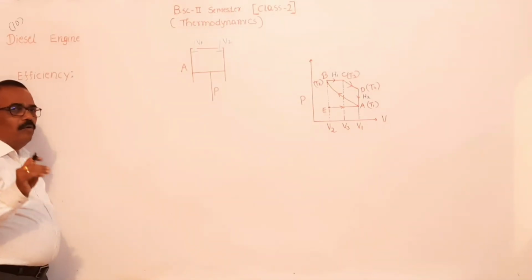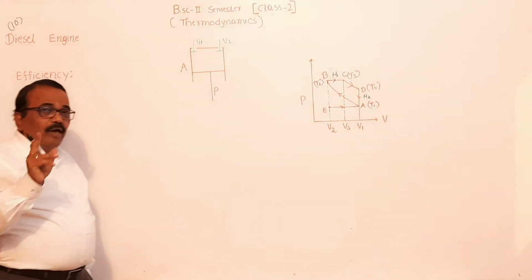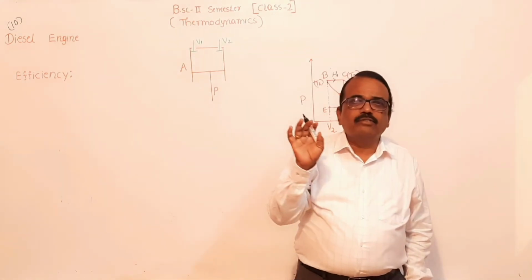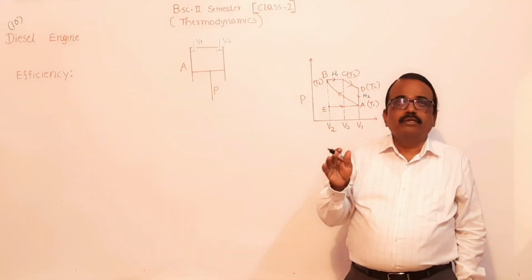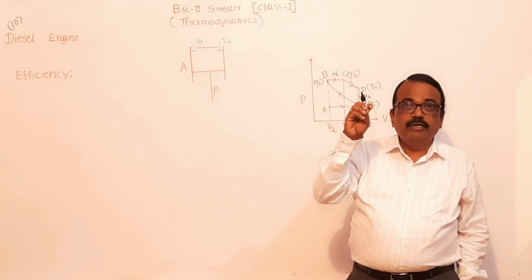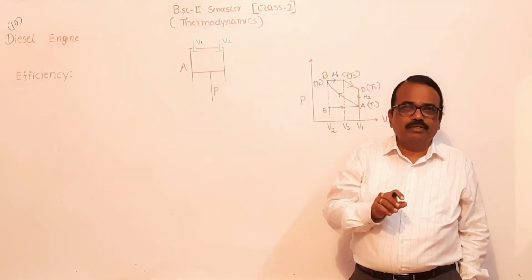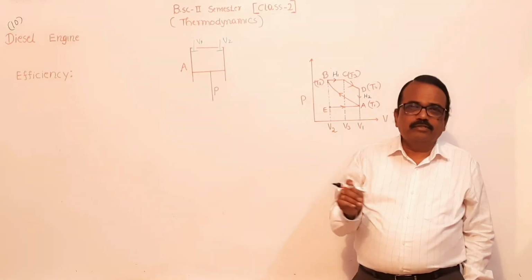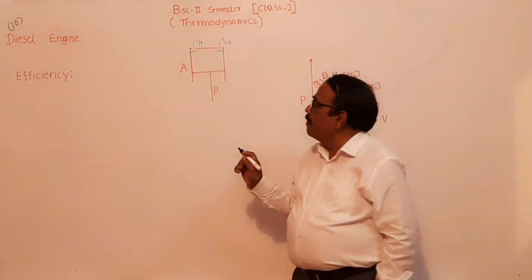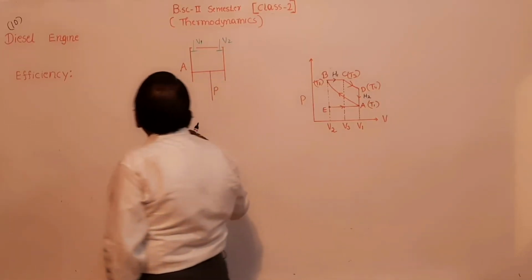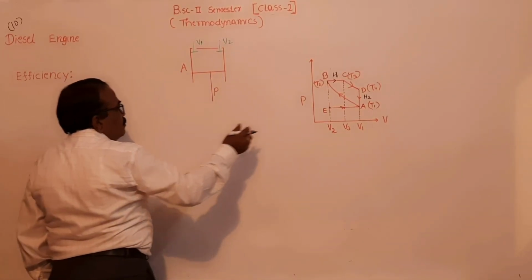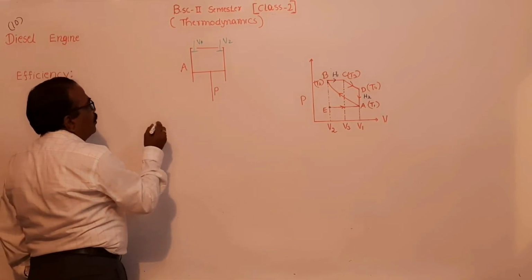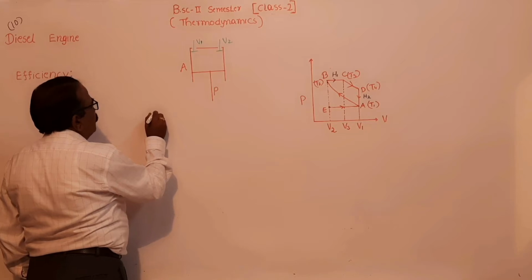Here the only difference is that at the beginning air is taken inside the cylinder and it is compressed. After the compression, diesel is sprayed for the ignition, not petrol vapor now. It is a diesel engine. Then let us see how it works. In the figure, E to A is the first stroke.